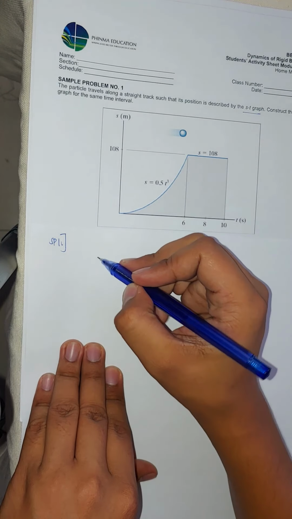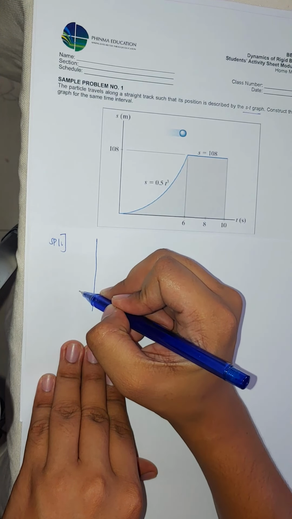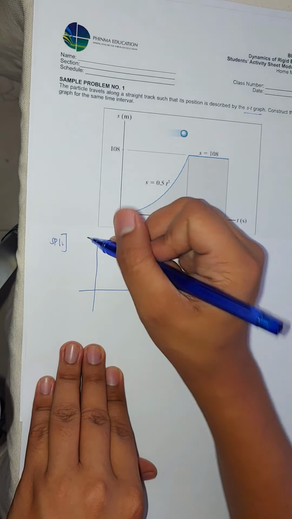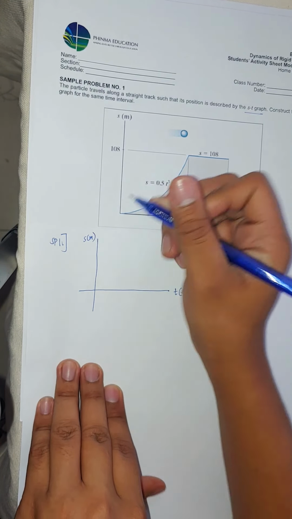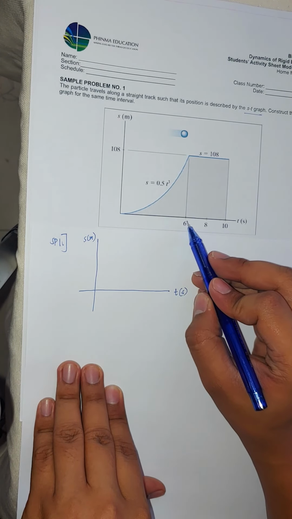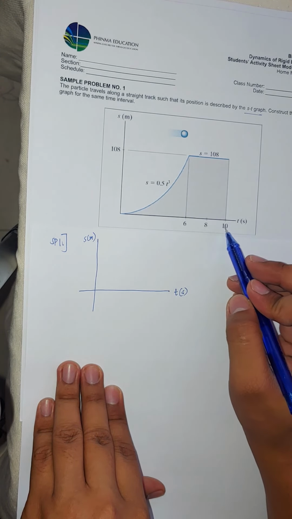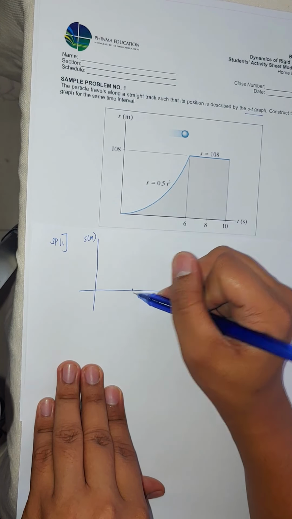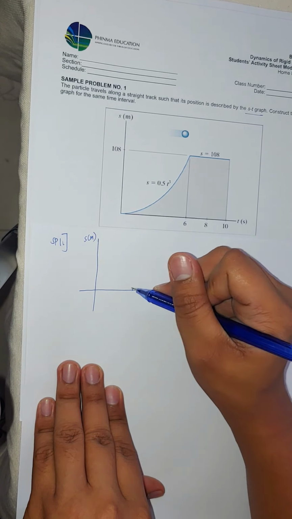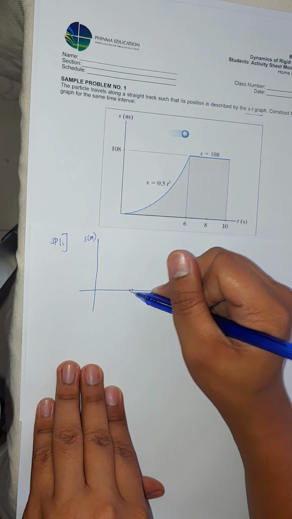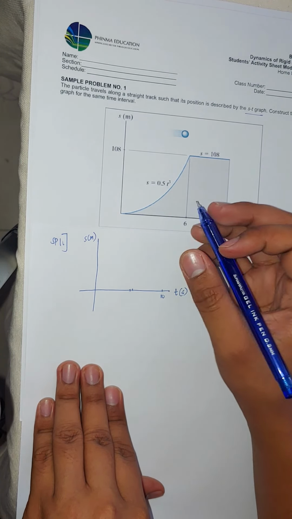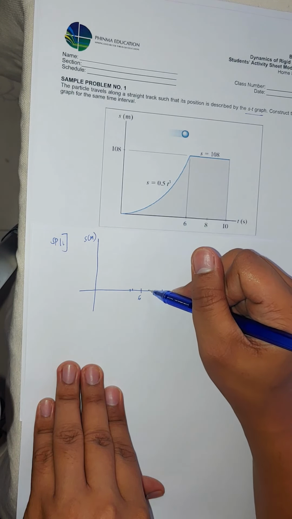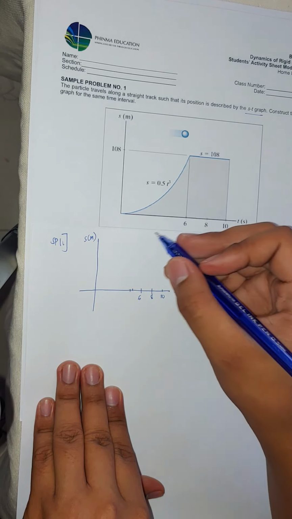Okay, so this is given to us, this position versus time. Time is in seconds, then position is in meters, with time intervals 6, 8, and then 10. So this is 10 seconds, then this is 6, and this is 8.